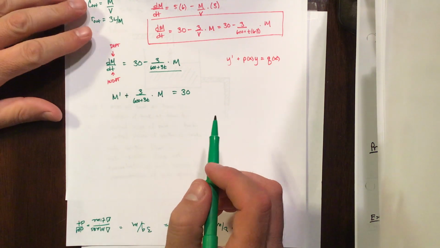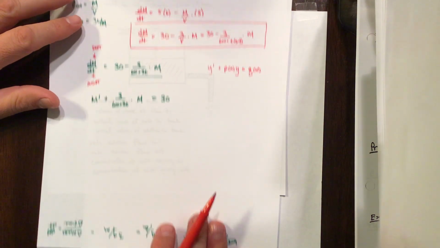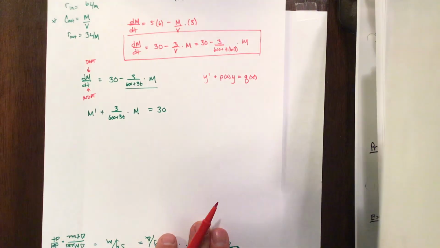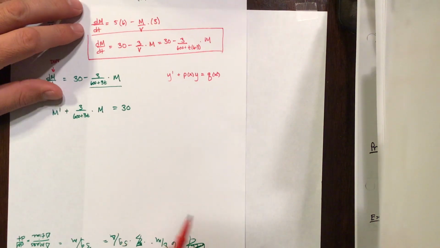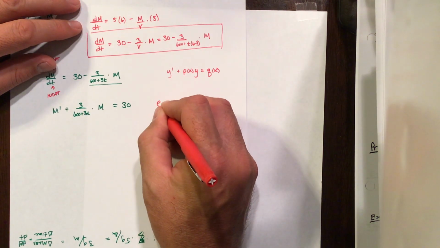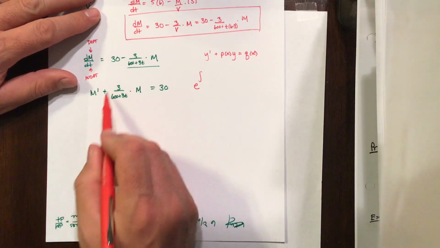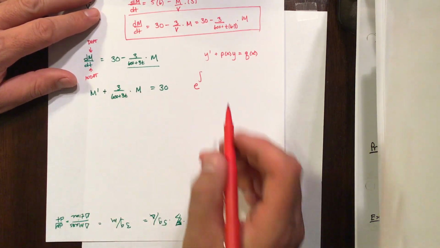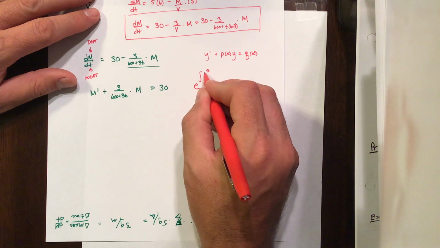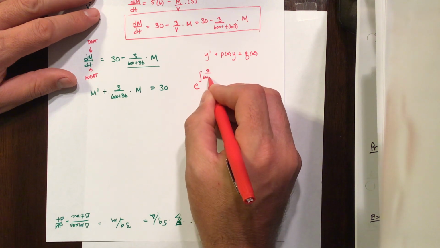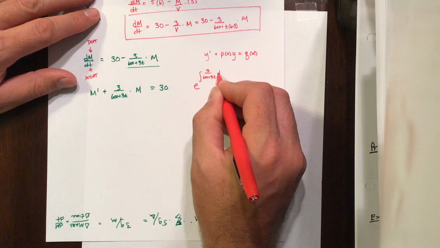The integrating factor is going to be e to the integral of this term out in front. So it's 3 over 600 plus 3t dt.